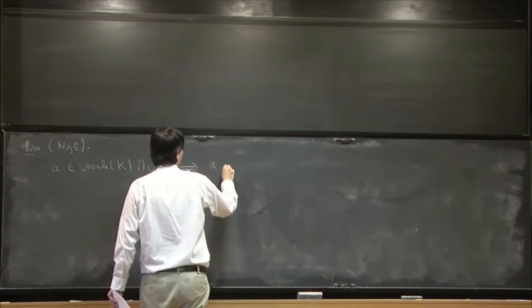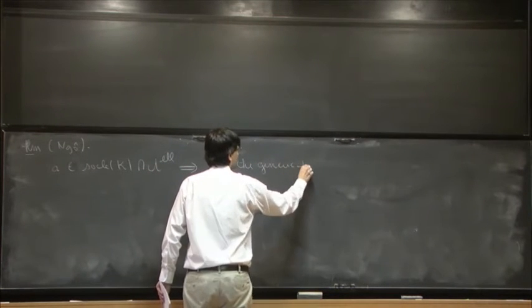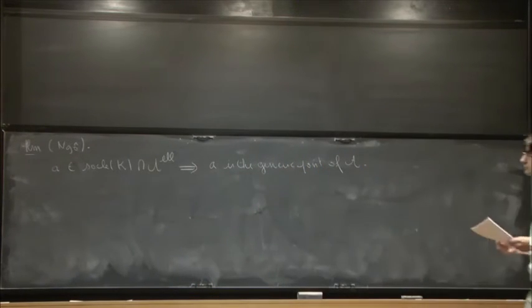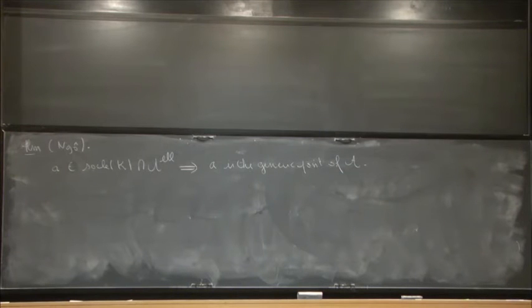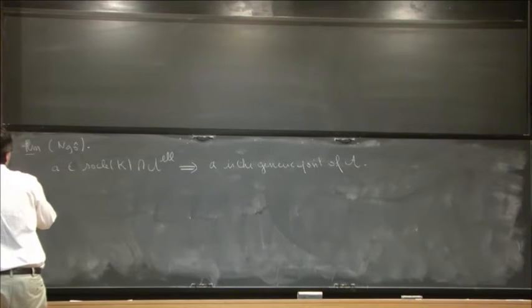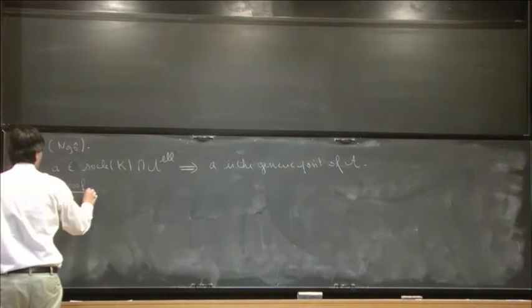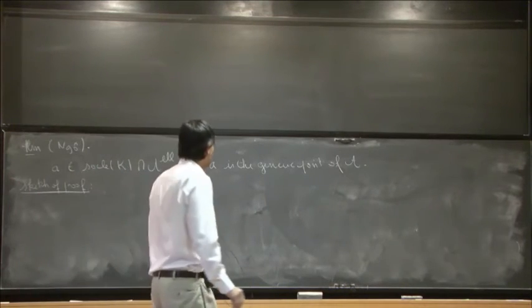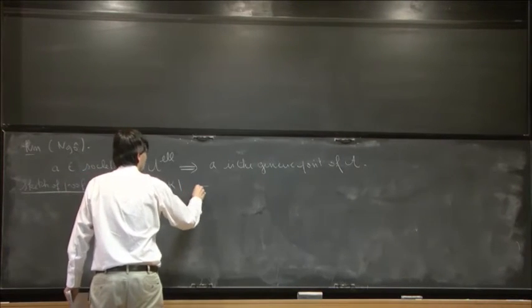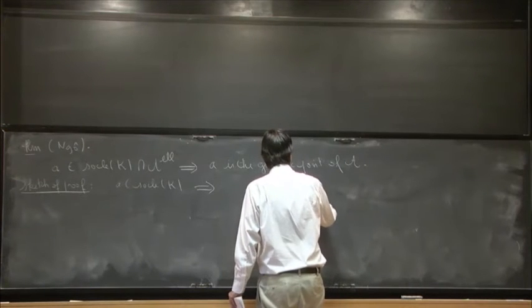Then a is a generic point of A. And let me give a sketch of the proof. So if a is in the circle, then we have two conditions on the amplitude.